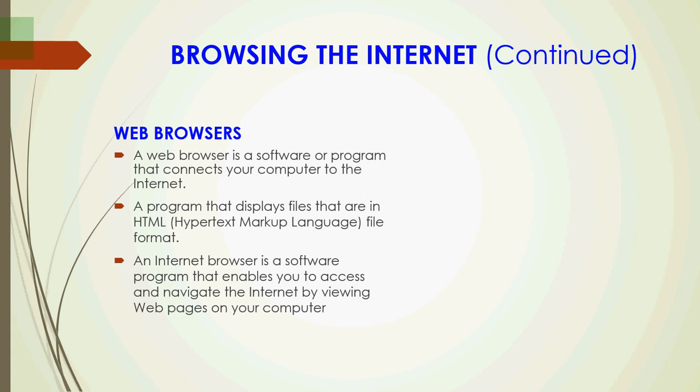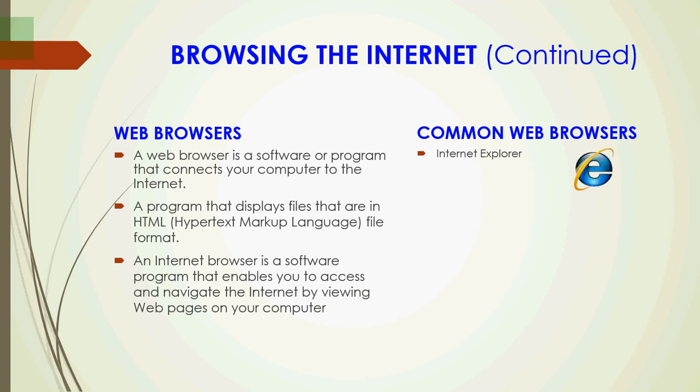Having looked at what a web browser is, now let's look at the common web browsers that we know. I'm sure you've heard of Internet Explorer, and that's its icon. The other one is Mozilla Firefox. That's how it looks.